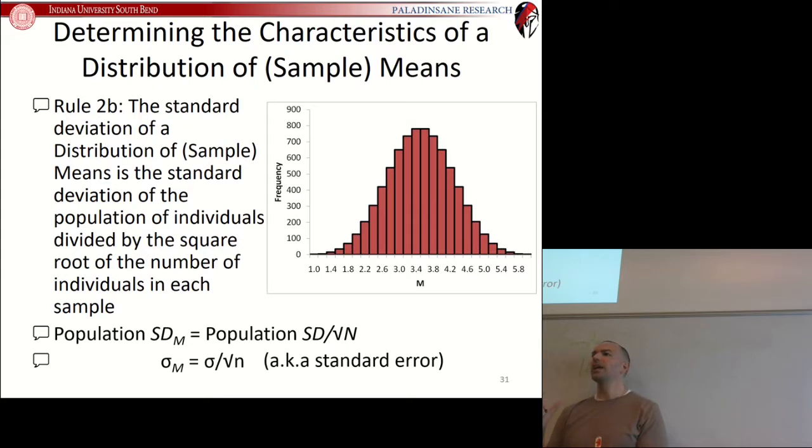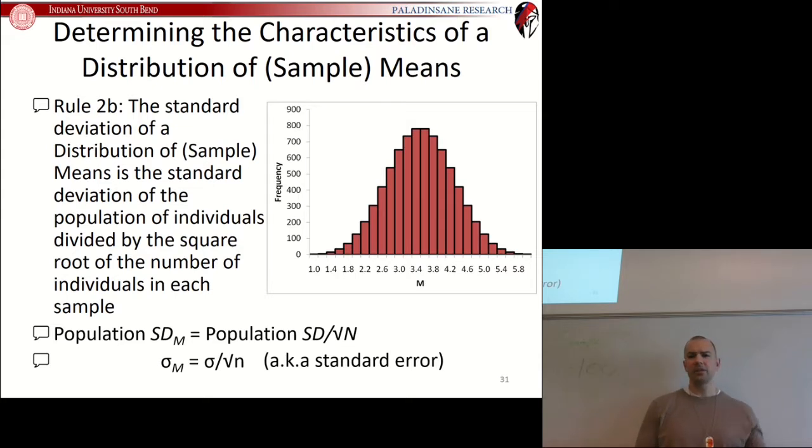It's literally just the standard deviation of the distribution of sample means, but it is so vitally important that statisticians said, let's call this the standard error. It gets its own name. So be forewarned, this is the key, crucial, important step.